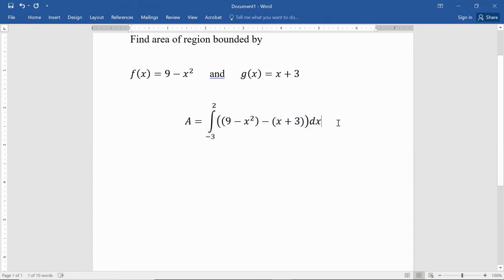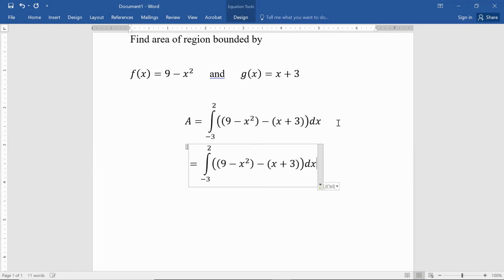In terms of how we integrate, I like to simplify what's inside of these parentheses before I start integrating. I'll combine like terms when I do that. The x squared component is going to be a -x squared.